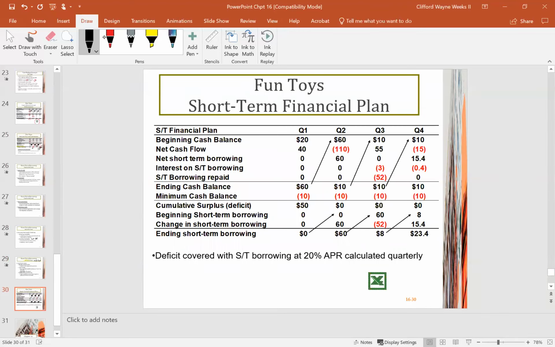And so that's what we've basically done. We ended up borrowing $60,000 because remember, we're going to run out of money. And so they're just showing you how this flows through, that we no longer breach the compensating balance or the loan covenant.